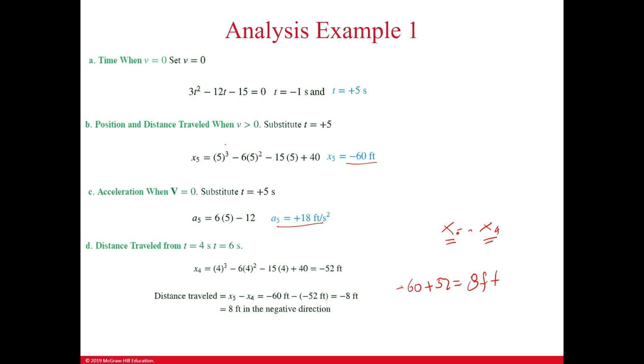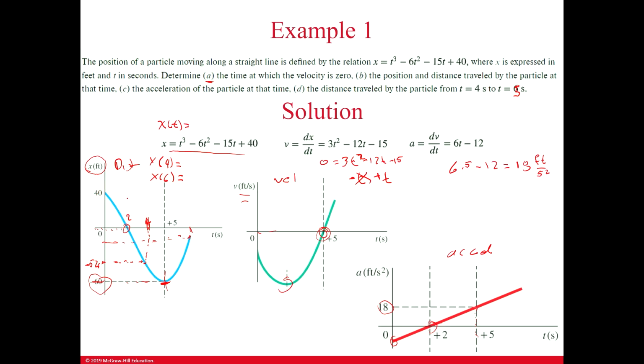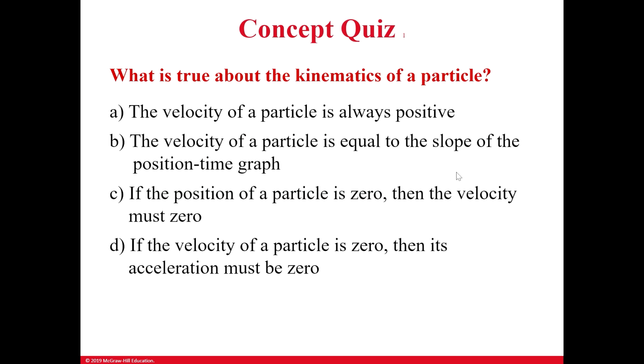Okay, but since it's negative 8 feet, that means that it's 8 feet in the negative direction. So this right here is 52, so the distance here is 8 feet. But since it's negative, it means that from the origin, this is traveling in a straight line for 8 feet.